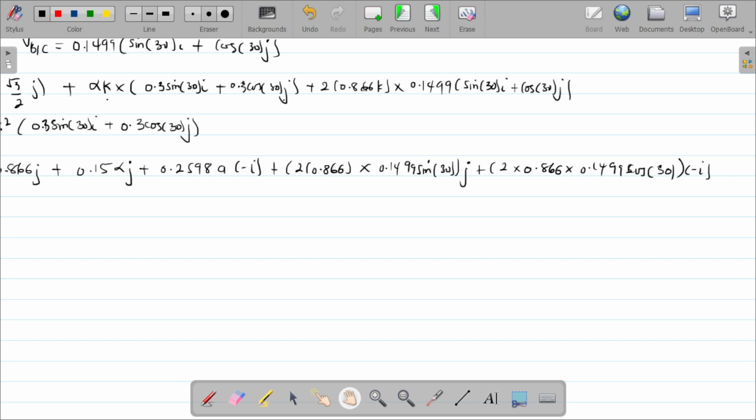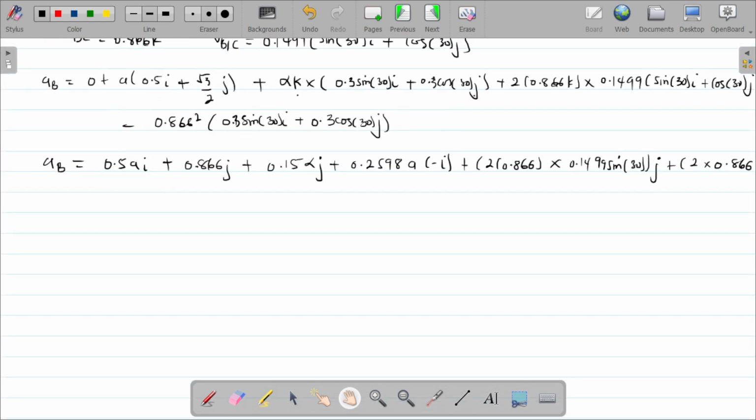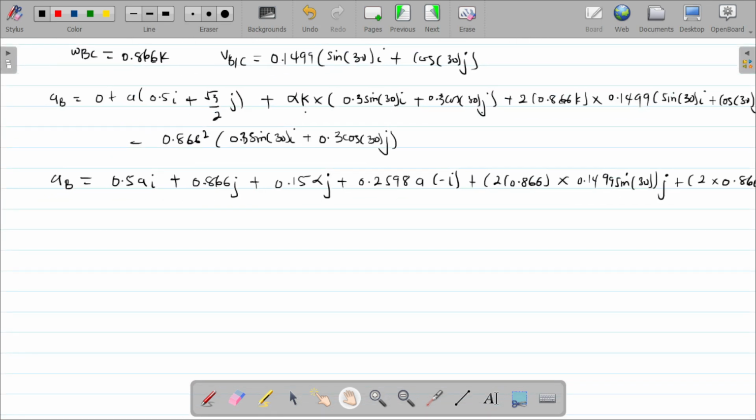All right, so we just punch them, and then we come to the last one here. We have minus 0.866 squared times 0.3 sine 30 i minus 0.866 squared times bracket 0.3 cos 30 j.